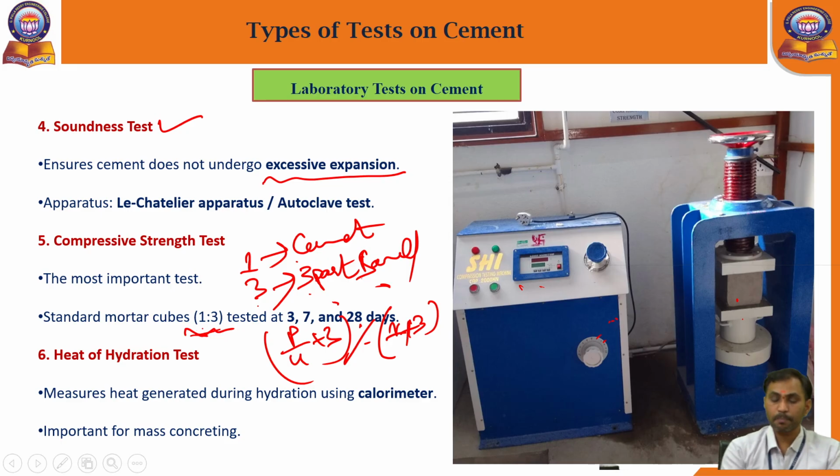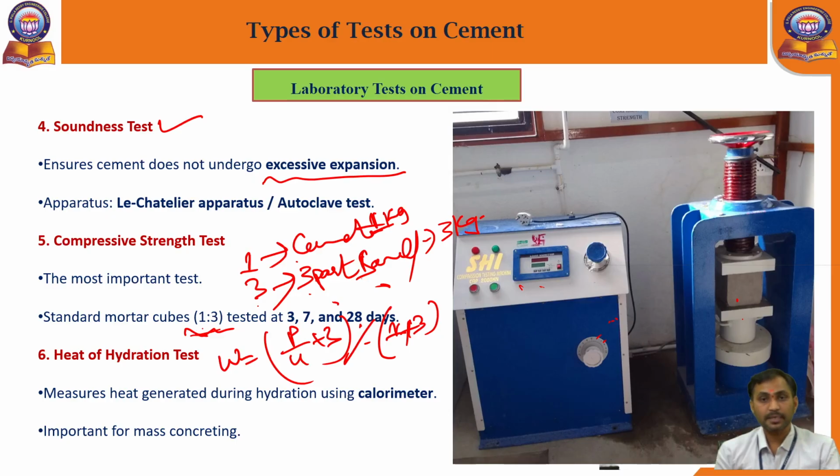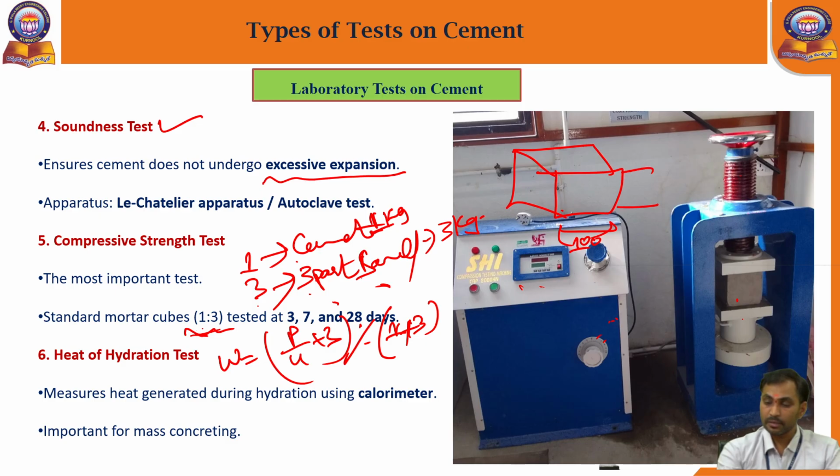For example, if you collected 1 kg of cement, then 3 kgs of sand have to be taken. Then water is added to the mortar, which is slowly prepared and placed into the specific molds, of 100 mm by 100 mm by 100 mm.